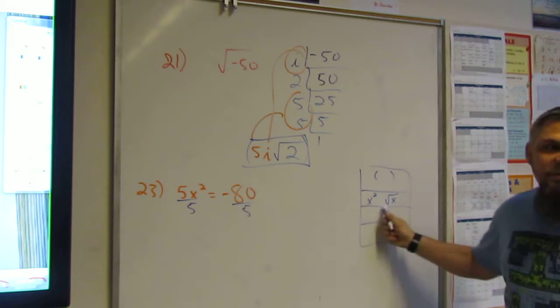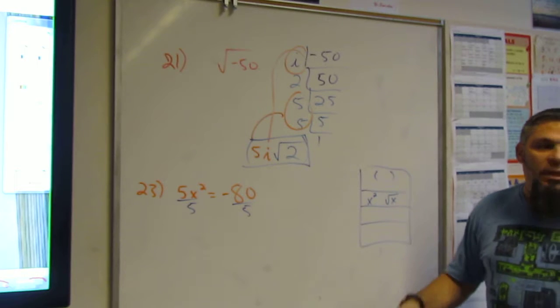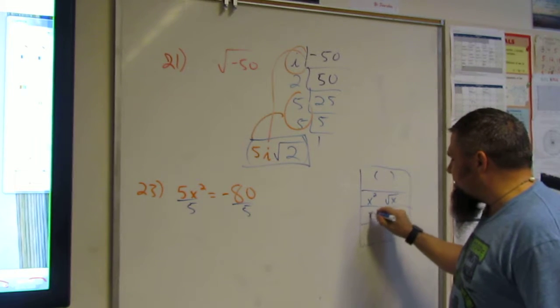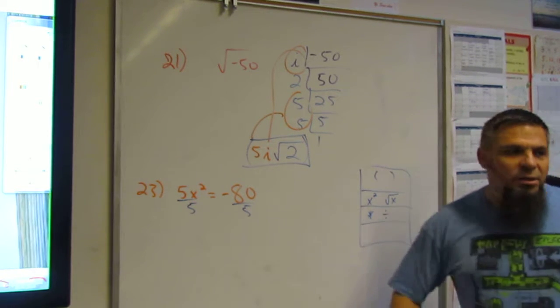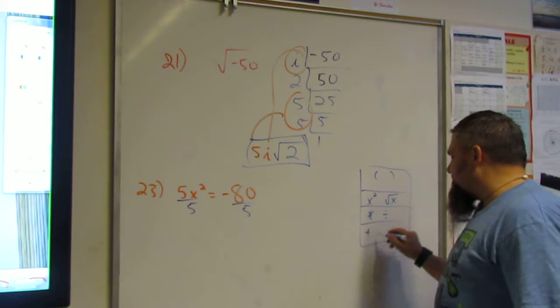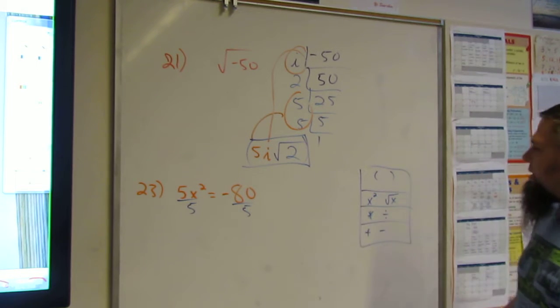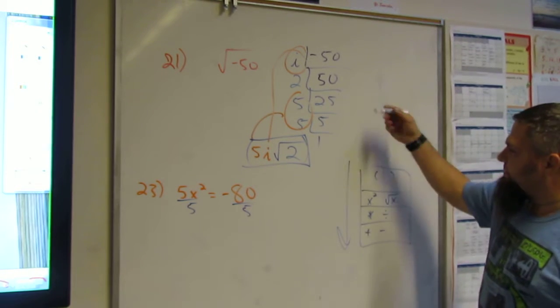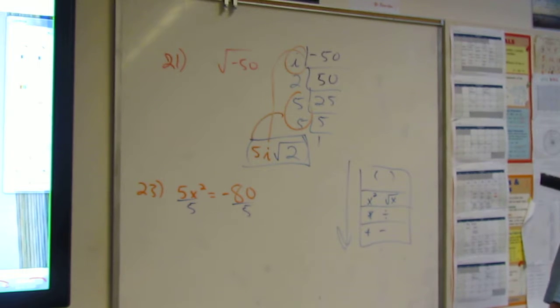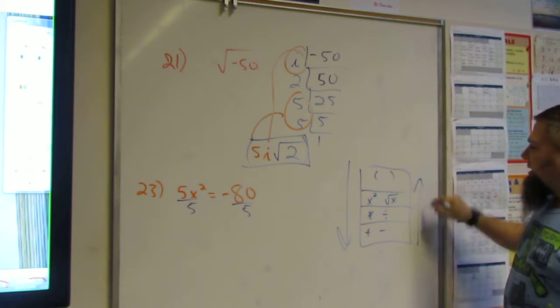So these are the opposites of each other, right? And then the next opposites are going to be times and division. And the next opposites are going to be plus and minus, right? And so you can look at this and you can work up the ladder, work down the ladder. Down the ladder means simplification or PEMDAS, right? Up the ladder means you're solving.